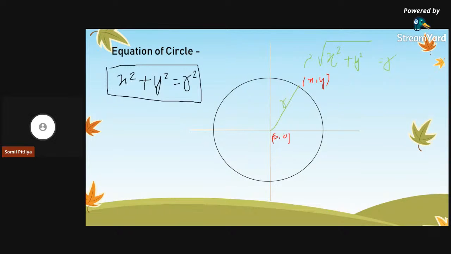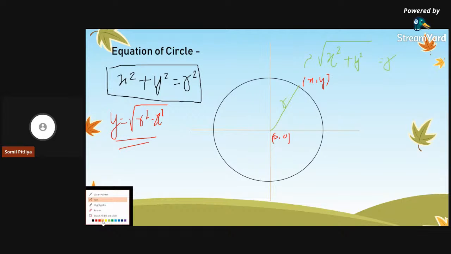From my equation of circle, x square plus y square equals r square, I can write that y is the under root of r square minus x square, just transferring and taking the under root on both sides. So I will substitute the value of y in the integral.